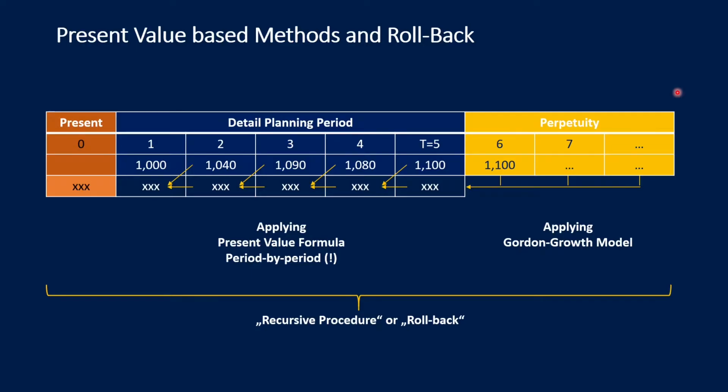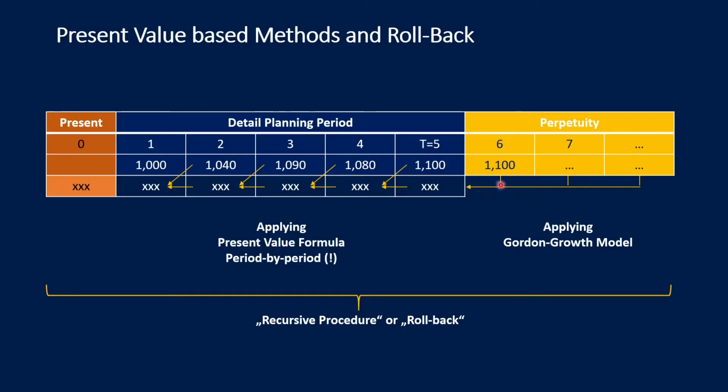Nevertheless, since the Gordon-Growth model only discounts one single value, it might be a bit rough to use it. So, how can we do it? We typically split our planning into a detailed planning period, maybe made of 5 periods, 1, 2, 3, 4, 5, and we assume that the 5th period stays forever or grows at a single growth rate forever.